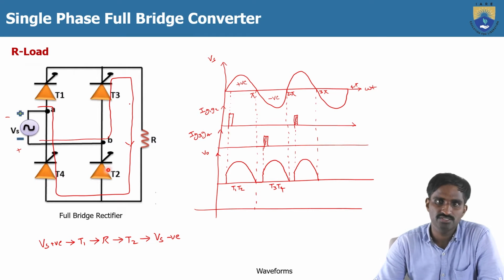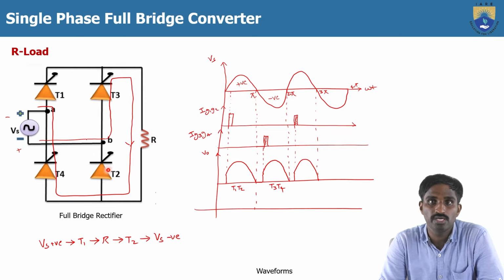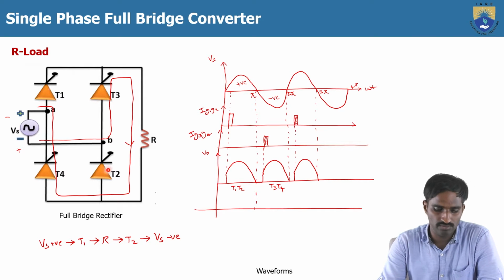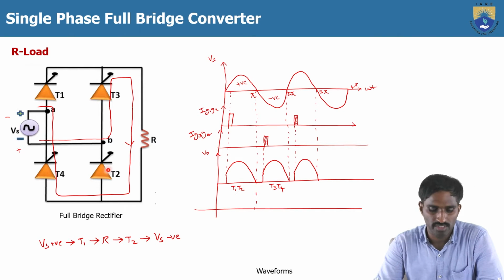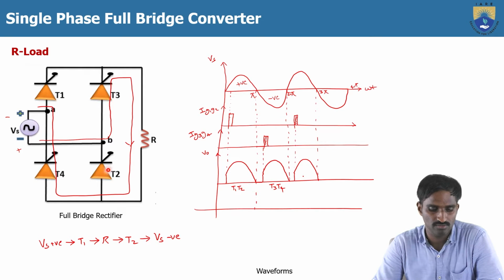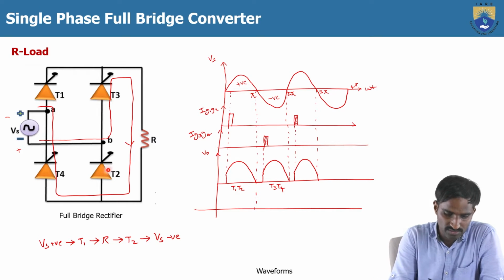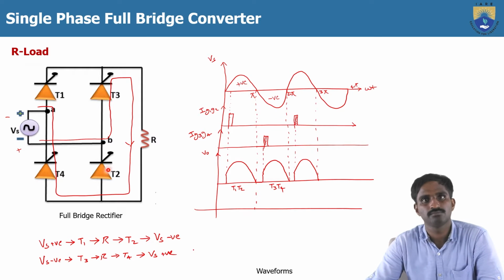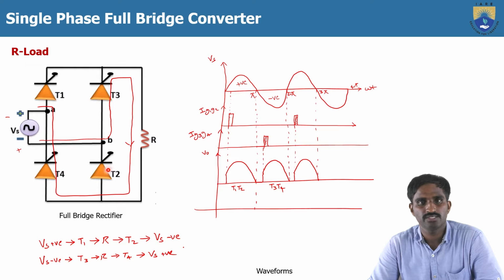In both cases, the load voltage and the load current are in the positive direction only, because as we have seen, when T1 and T2 are turned on, the direction of the load voltage and current is the same as when the thyristors T3 and T4 are turned on. So the voltage is positive in the two cases. In the second case, from Vs negative to T3 to R to T4 to Vs positive, this is the direction of the load current flow.